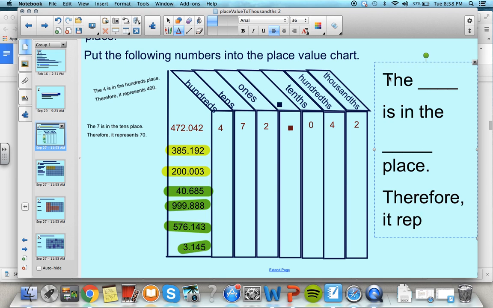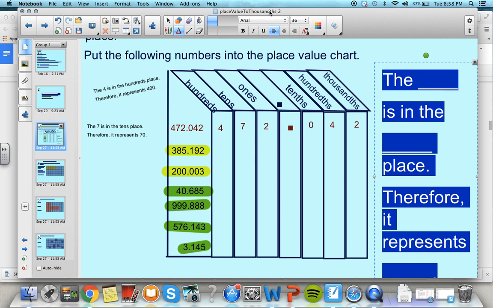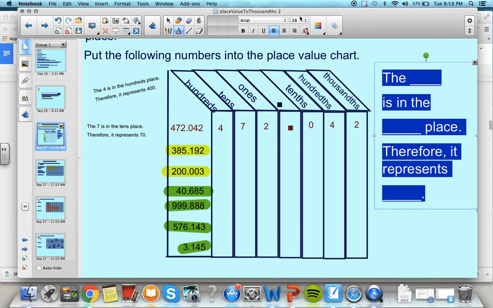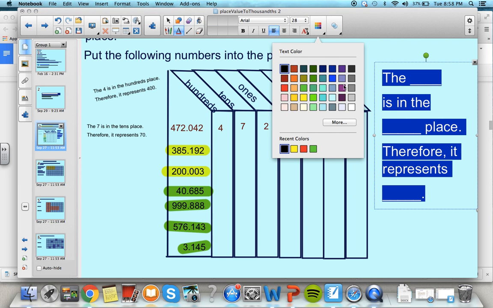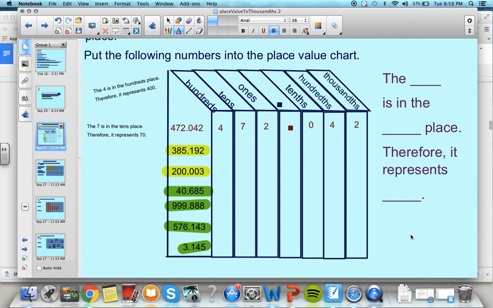Therefore, it represents blank. Please make sure that you write that down. That is the sentence frame that we will use to discuss place value.